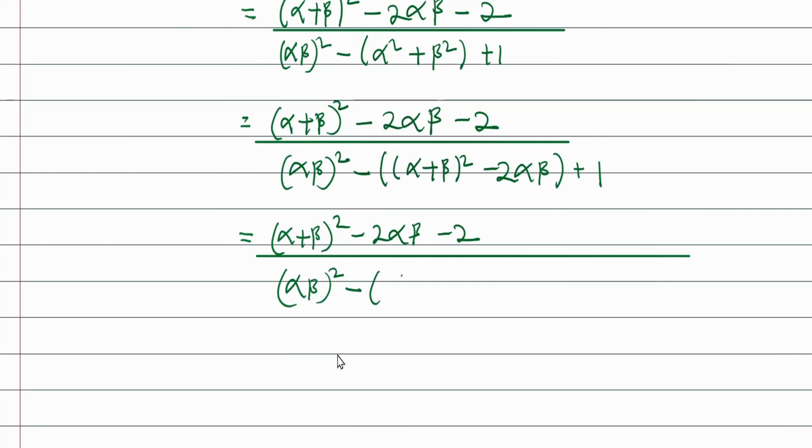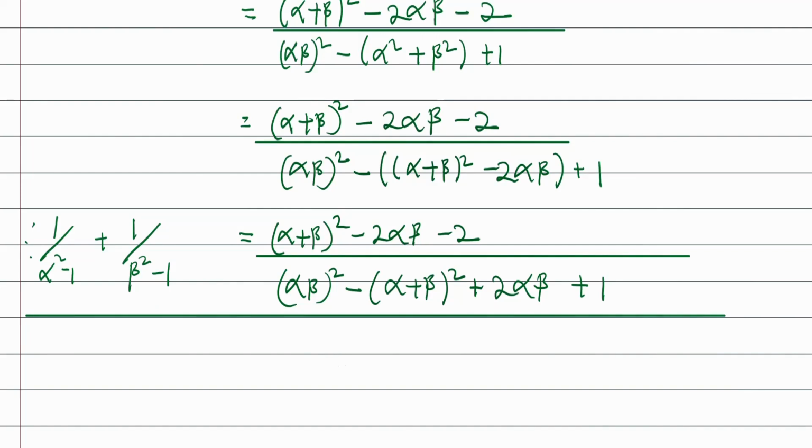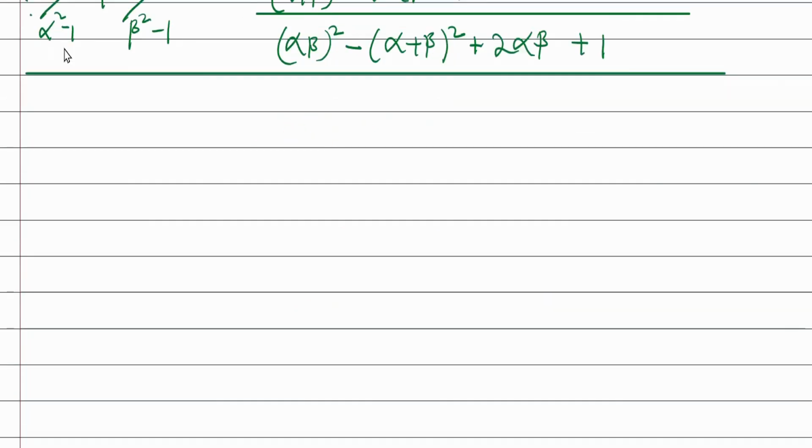Then as we enter this negative, we have minus alpha plus beta squared. Negative and negative, this one becomes a plus 2 alpha beta plus 1. Therefore, 1 divided by alpha squared minus 1 plus 1 divided by beta squared minus 1 equals this expression. So this becomes our answer for number 8.